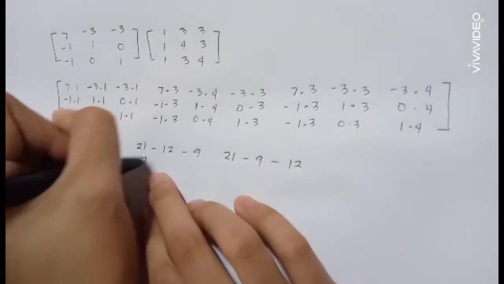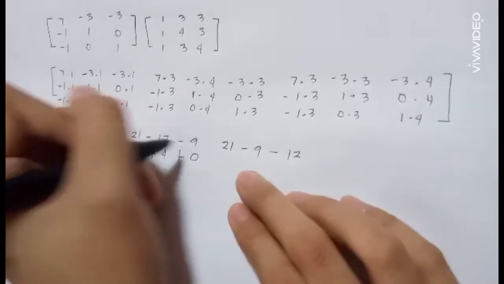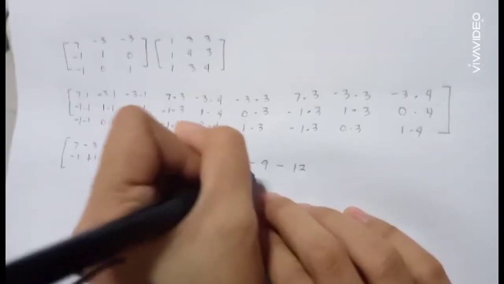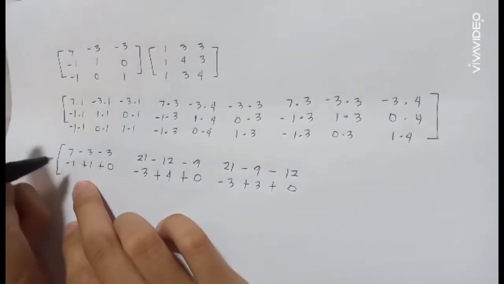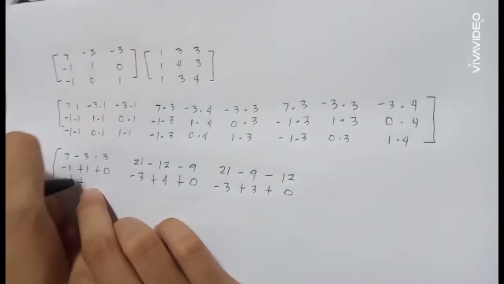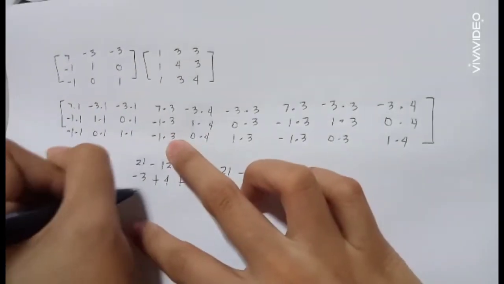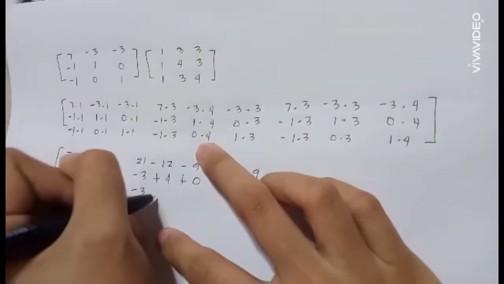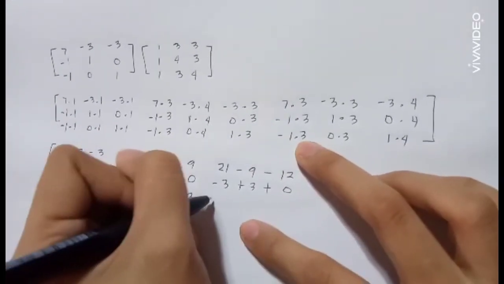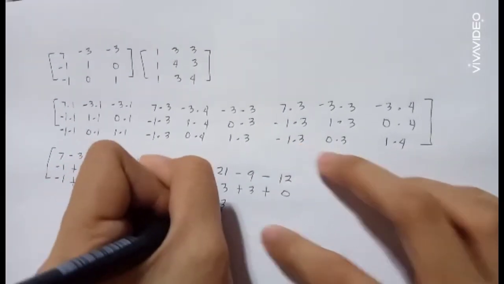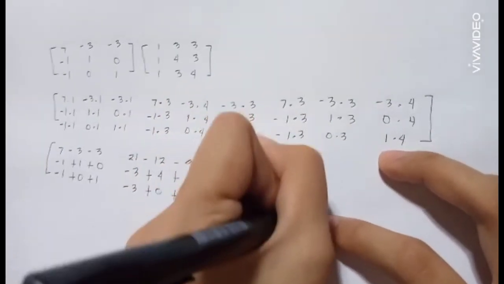Next, negative 3 plus 4 plus 0. Then, negative 3 plus 3 plus 0. For the last row, we have negative 1 plus 0 plus 1. Then, we have negative 3 plus 0 plus 3, negative 3 plus 0 plus 4.